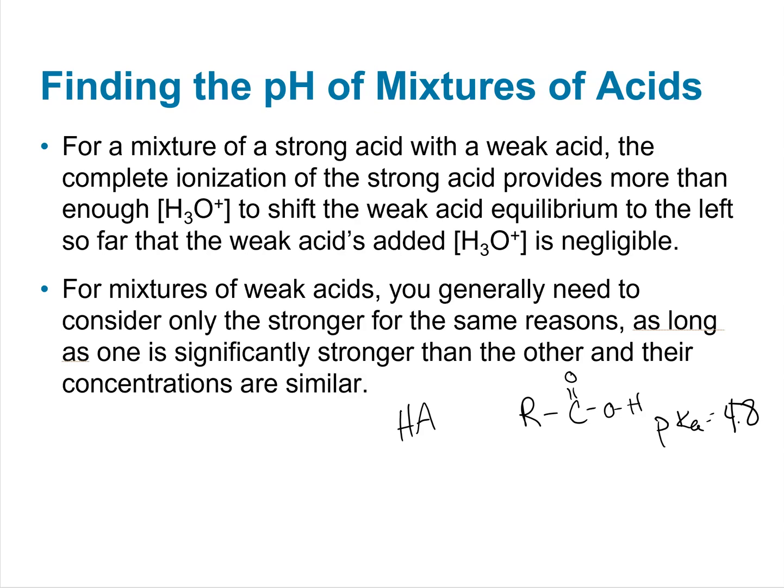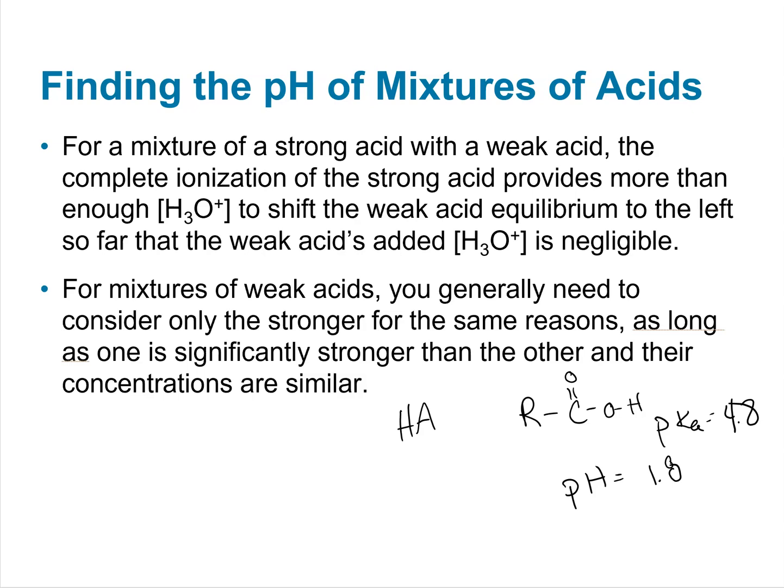Now, we don't have the general equations for this, but let's say we put this into an environment where we've added strong acid, and the strong acid has the pH of the solution at 1.8. So we have 3 units difference between the pKa of this weak acid in solution and the pH of its environment due to that strong acid that was added.